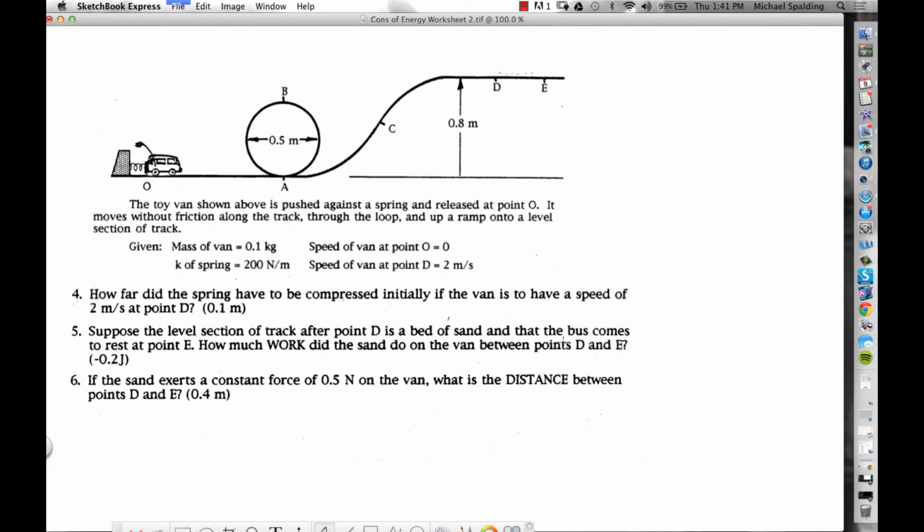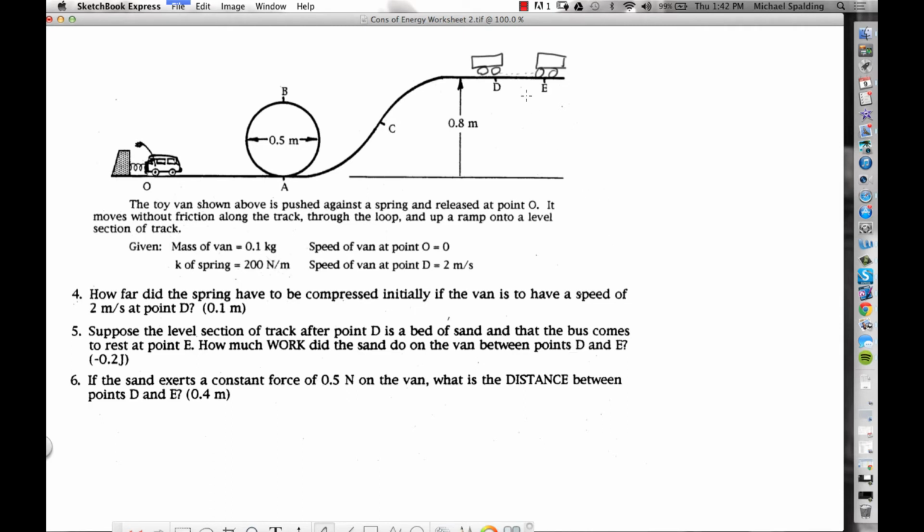Okay, and the van comes to rest at point E. All right, so I'm going to draw the van right here at point E. There's the van at point E. Here's the van at point D. Okay? All right, what's the question? How much work did the sand do on the van between points D and E?